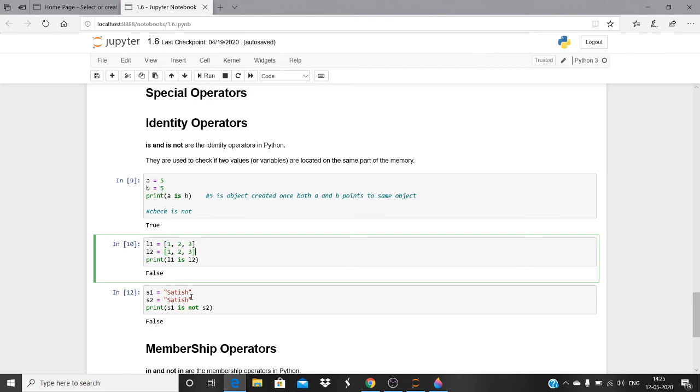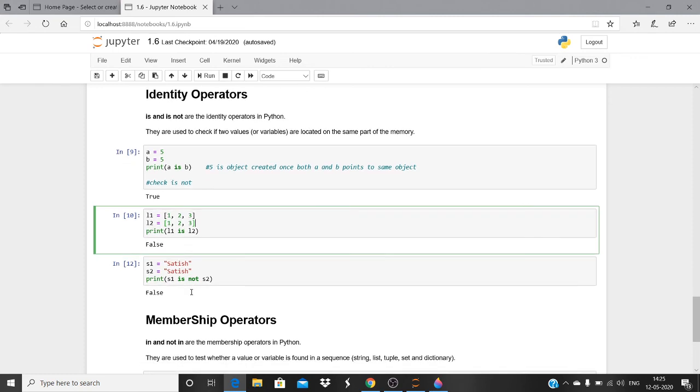This identity operator will not work on these kinds of data types. So it will not work on complex data types. Okay. So now the string Satish, same name. And S1 is not S2 means they are not similar, we are saying, and it is proving us wrong. It is giving False.